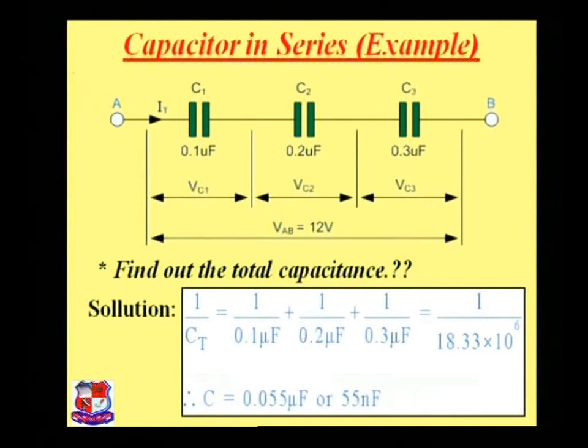Here you can see that 1 by Ct, the total capacitance, equals 1 by C1, that is 0.1 microfarad, plus 1 by C2, that is 0.2 microfarad, plus 1 by C3, that is 0.3 microfarad. This becomes 1 by 18.33 into 10 raised to minus 6. So by using the mathematical solution, we find that our total capacitance is C equals 55 nanofarad or 0.055 microfarad.